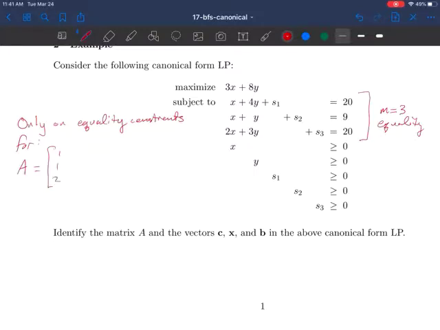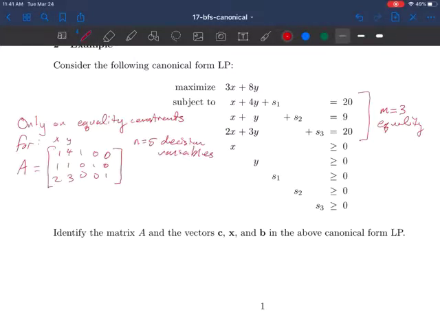And here the matrix is 1, 1, 2, 4, 1, 3, 1, 0, 0, 0, 1, 0, 0, 0, 1. And you should note that the number of columns is equal to the number of decision variables, and that's not coincidental. So there are n equals 5 decision variables.